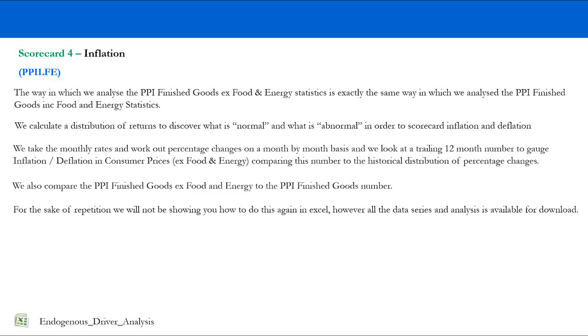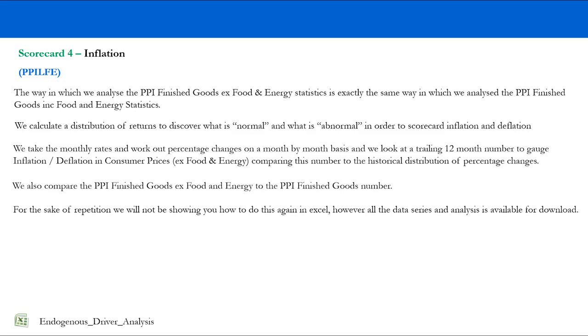So we basically take the monthly rates and work out percentage changes on a month-by-month basis. And we look at a trailing 12-month number to gauge inflation or deflation in prices ex food and energy, and compare this number to the historical distribution of percentage changes and to what is normal and abnormal.